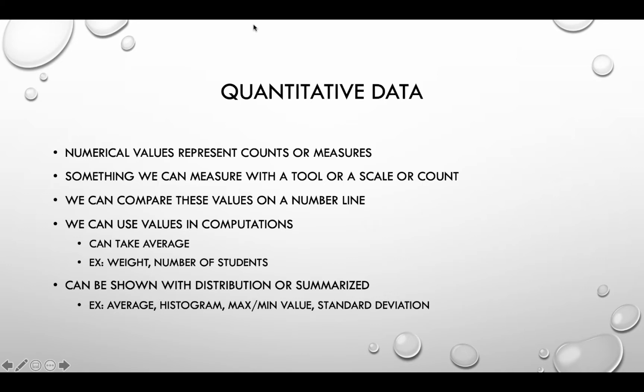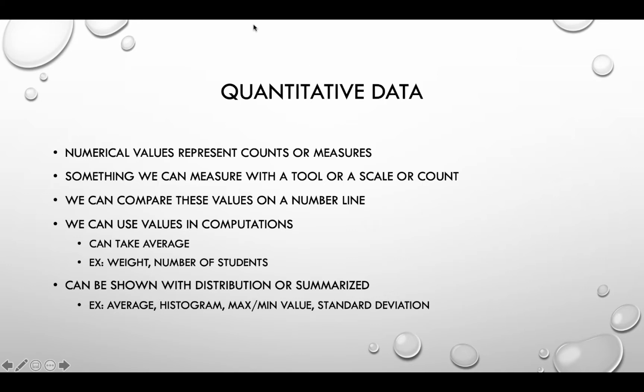One thing about quantitative data is that we can put this data on a number line and we can compare the values. All right, and then we can use these values in computations, meaning we can take the average, we can find the maximum, we can find the minimum. All right, again here, weight, number of students, number of cars in the commuter parking lot.